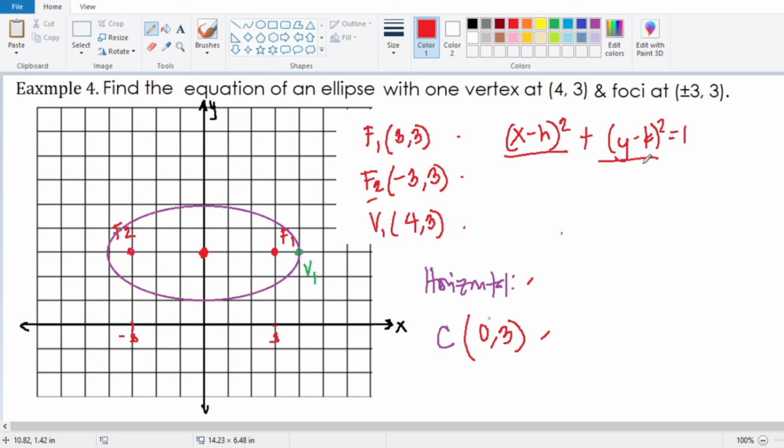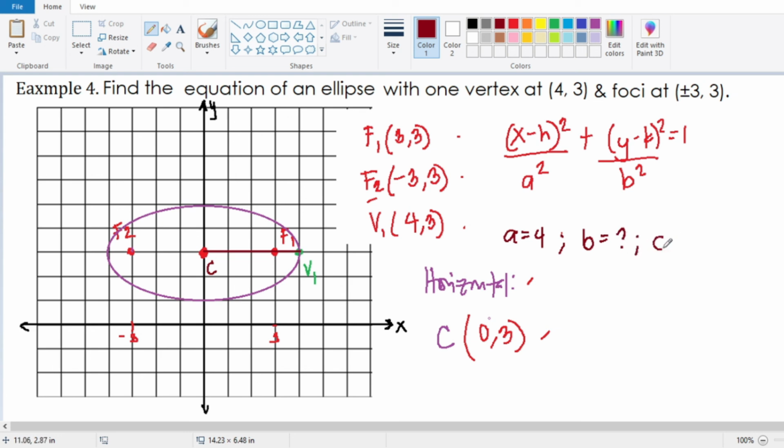Where is a located? It is under x. So, here is a squared, under x. So, what are now the distances? Our a is from the center to the vertex. So that one is 4 units. A now is equal to 4 units. Your B is unknown.